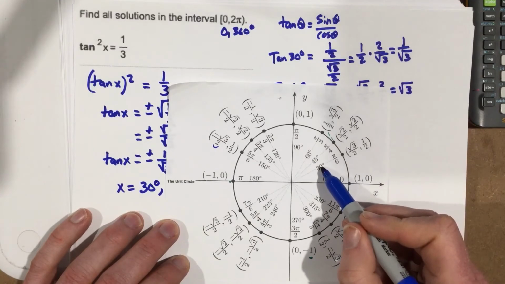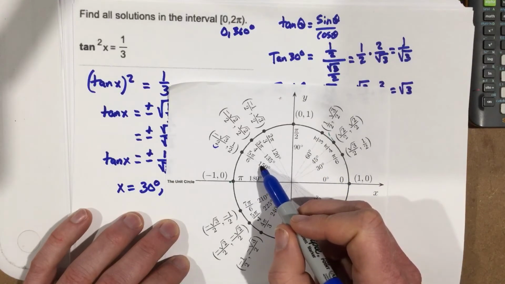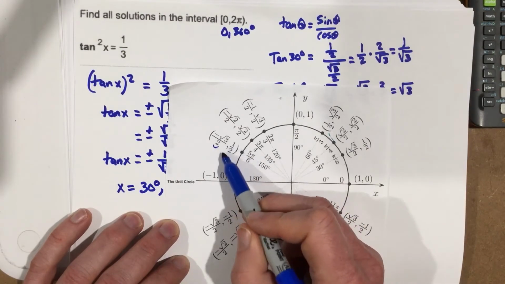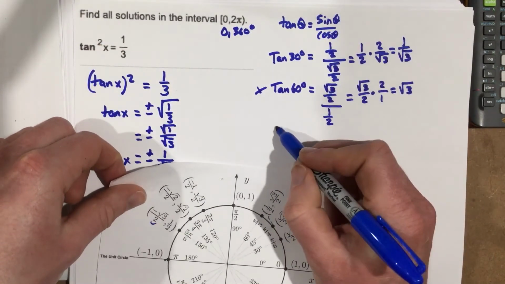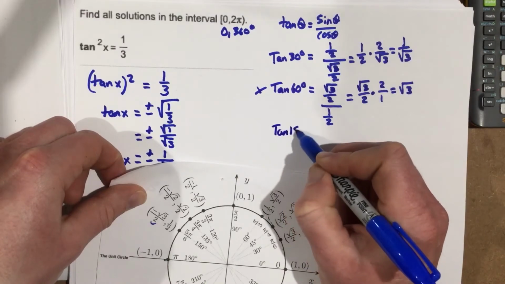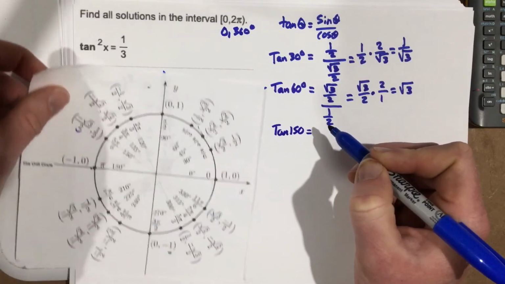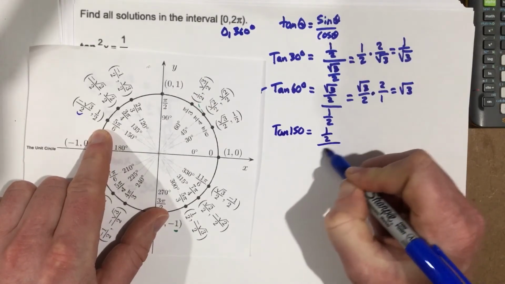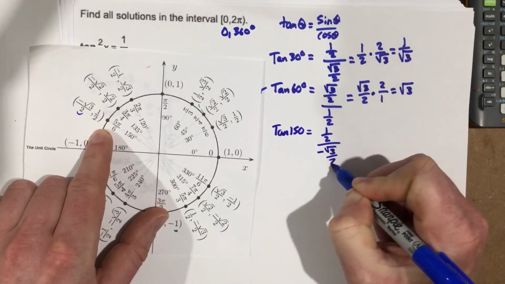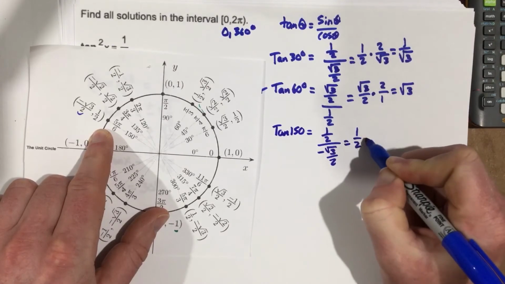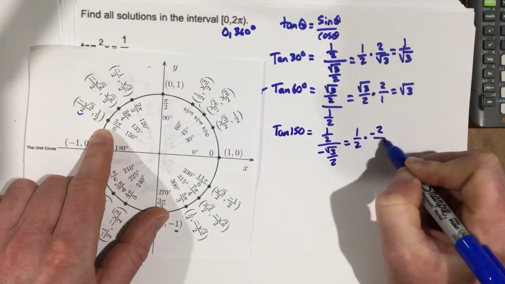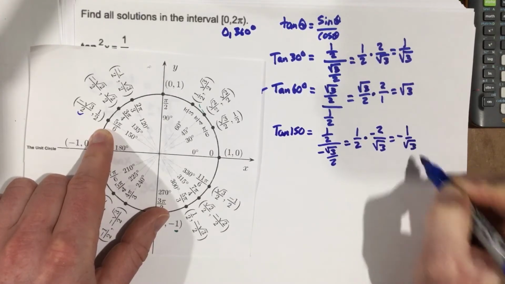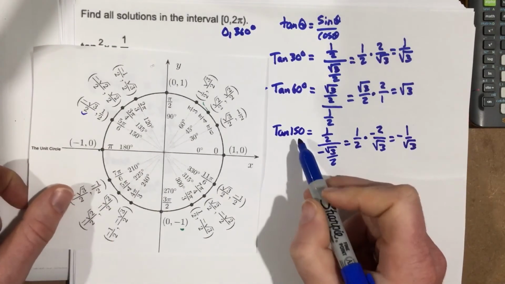Well, that means that if I go to 150, if I do 1/2 divided by negative root 3 over 2, we can look at that real quick just so you believe me. So tangent 150 is 1/2 divided by negative root 3 over 2. Flip it, multiply. So negative 2 over root 3 gives you negative 1 over root 3. So I know that 150 works.